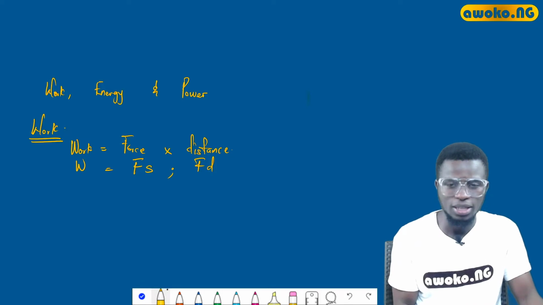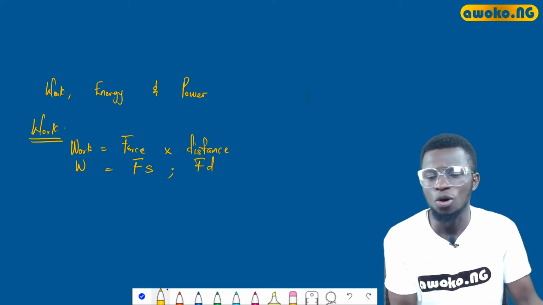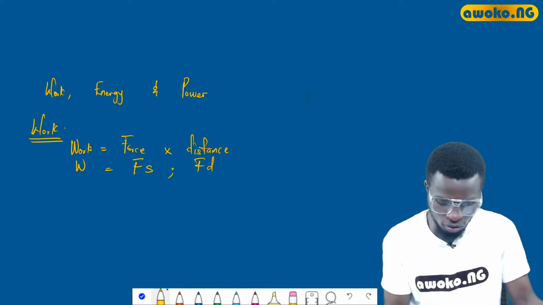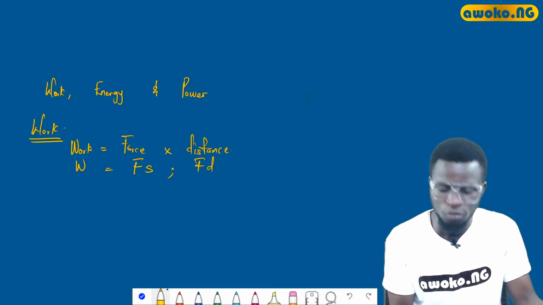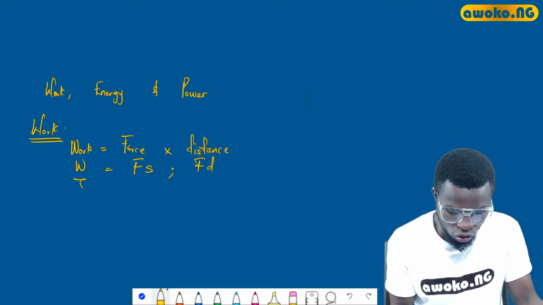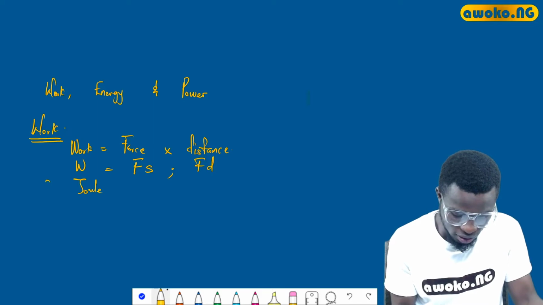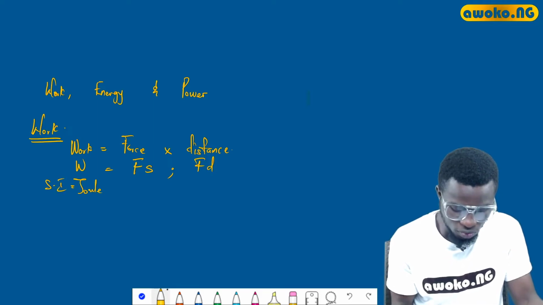Now, having said that, it is expedient to discuss what the unit for work is. The unit of work is the joule. That is, it is measured in joules.